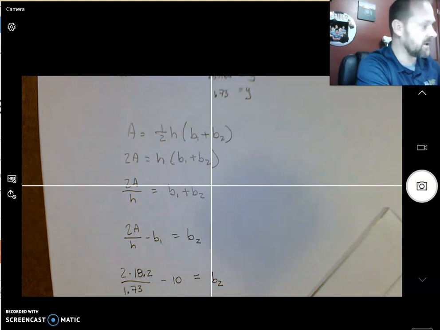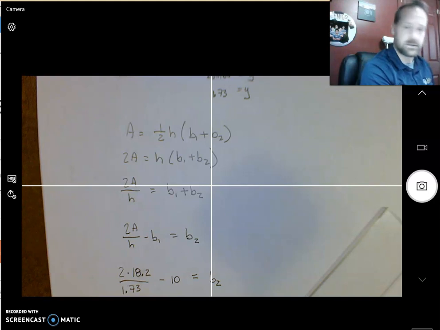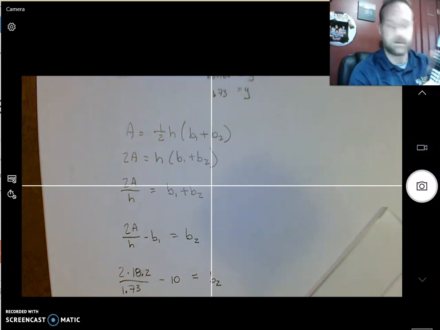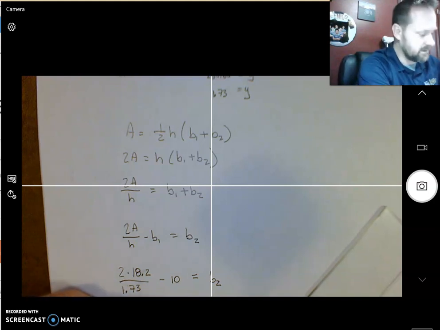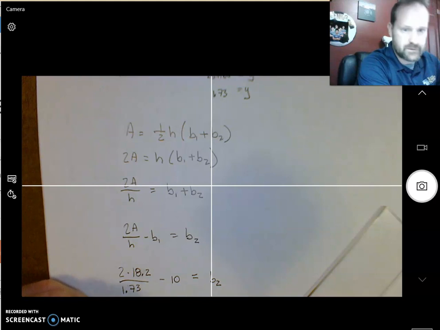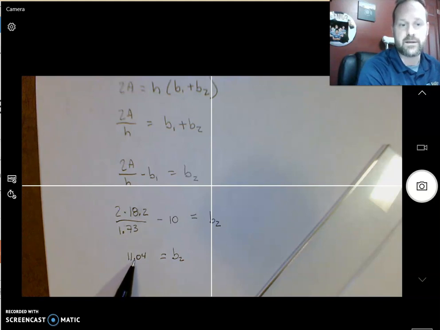Plugging that into my calculator, 18.2 divided by 1.73 minus 10 is indeed 11.04, because of rounding. We didn't use exactly the square root of 3, we rounded. So indeed, that is about 11 units long.